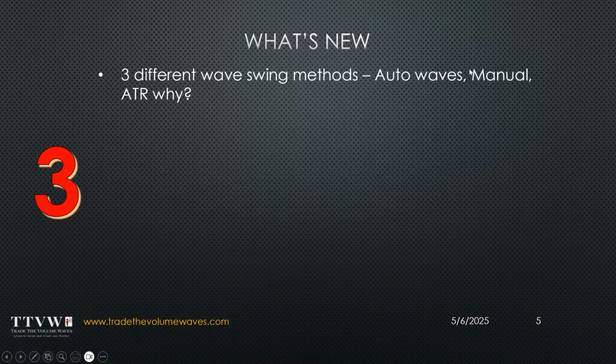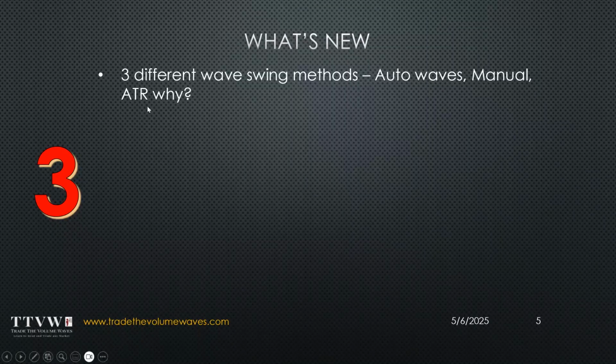You have the manual wave, which means that you can set up your own points of direction change of the wave. For example, if you're trading Forex and you want the wave to change direction after 10 pips, you can set this to 10 pips and then the wave will change direction only if the price changes by 10 pips.